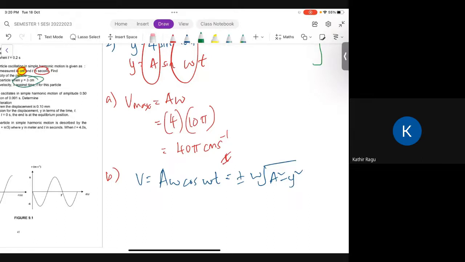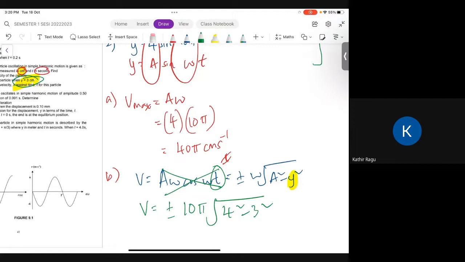So one we will use adalah tengok pada soalan. If you look at the question, they give you y. So mana formula yang ada y? Ini. Ini yang formula yang ada y. So jangan pakai yang inilah. So bila nak pakai yang ini bila they give you time. So you use formula y. So plus minus omega is 10 pi square root your A is 4 squared minus 3 squared. So make sure kalau you tak tukar, jangan tukar satu apa pun.